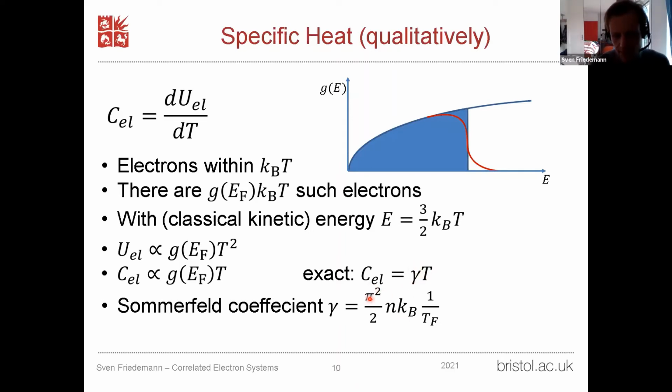You can calculate it or look in some textbook. It's got this numerical value, which you can express, for instance, as pi squared over 2 times n, where n is the electron density, kB, times 1 over the Fermi temperature. The Fermi temperature is, of course, given by kBTF equals the Fermi energy. You can rearrange this expression to be expressed in terms of the density of states instead, just using the free electron expressions for the Fermi energy and the particle density.